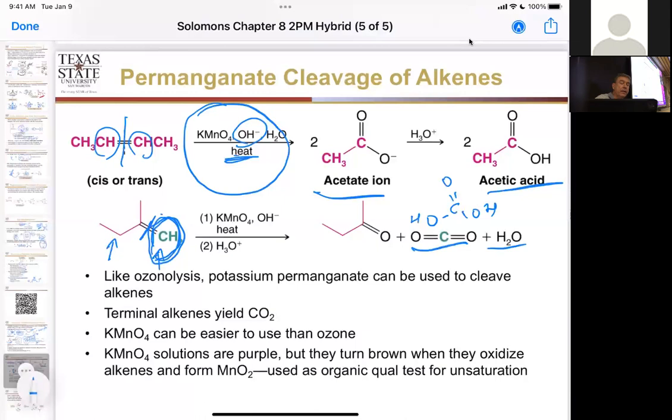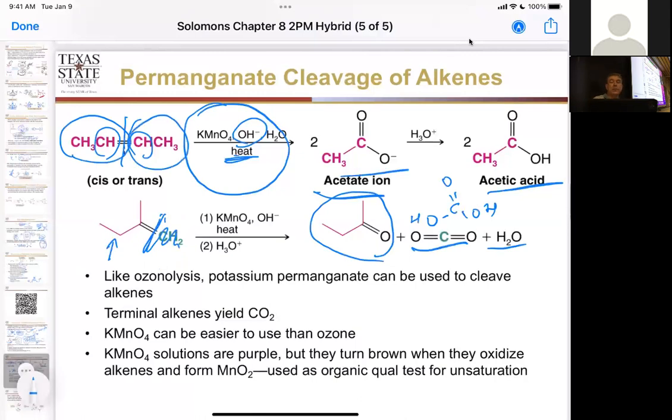So in the case of having a terminal alkene, an exo double bond here, this side gets chopped off and turned into CO2, and you're left with the ketone all by itself. Now, there's a benefit and a detriment to this. If it's symmetrical, you're going to get 2 equivalents of the same carboxylic acid. If it's not symmetrical, you're going to get 2 different carboxylic acids mixed together.